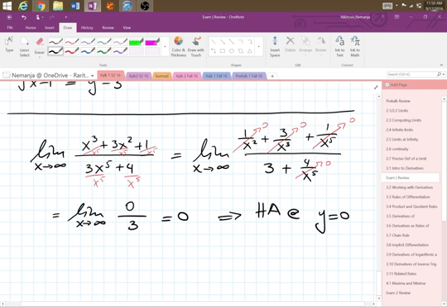Yes, we already did twice. The first rule is that the function value f of a has to exist. The second rule is that the limit of f of x as x goes to a has to exist. And the third rule is that those two have to be the same, which means the limit of f of x as x goes to a is equal to f of a.